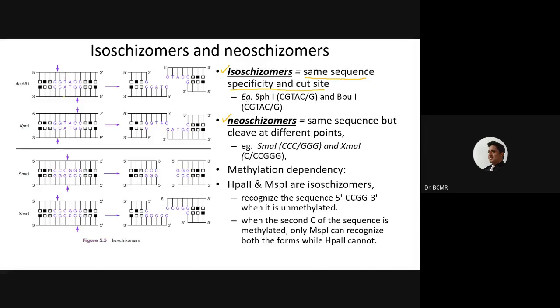Here is an example, Acc65I and KpnI. They recognize GGTACC. KpnI also recognizes GGTACC. And they cut, this is an example for a different one, that is neoschizomers.